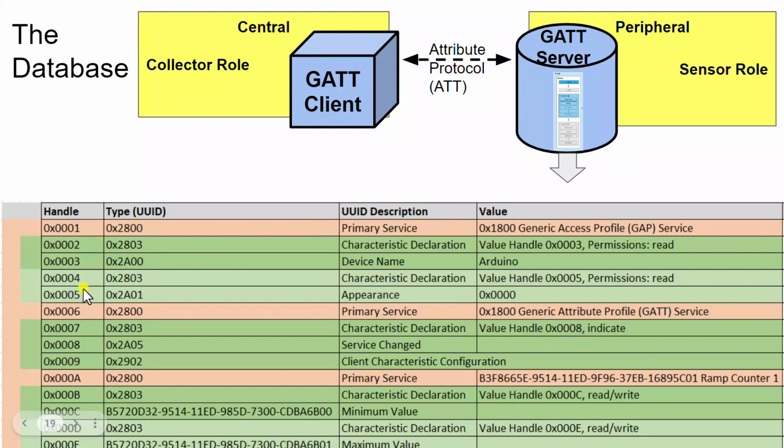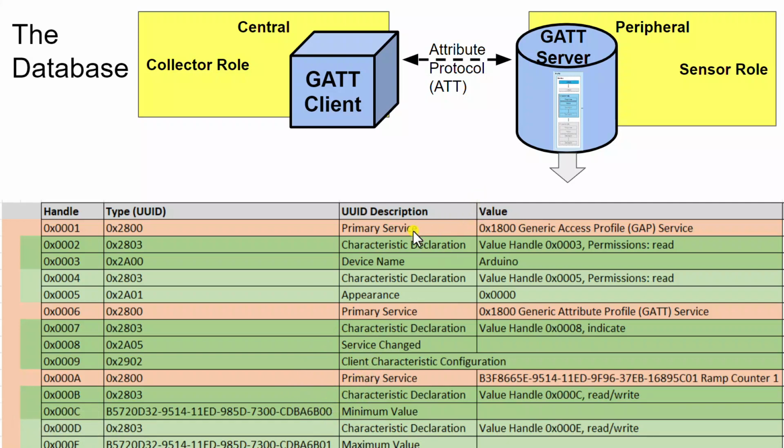So one of these rows is an attribute, and actually, sorry, this would be one characteristic right here. This is the service identifier, and then this is one characteristic. This is another characteristic made up of 2 attributes, another service identifier, another characteristic made up of 3 attributes actually, and then another service identifier and additional characteristic.